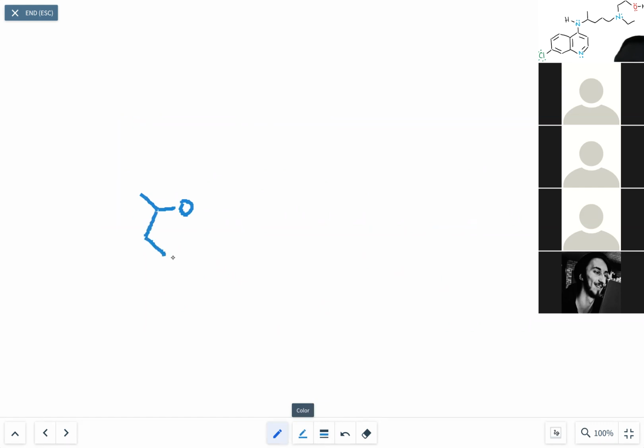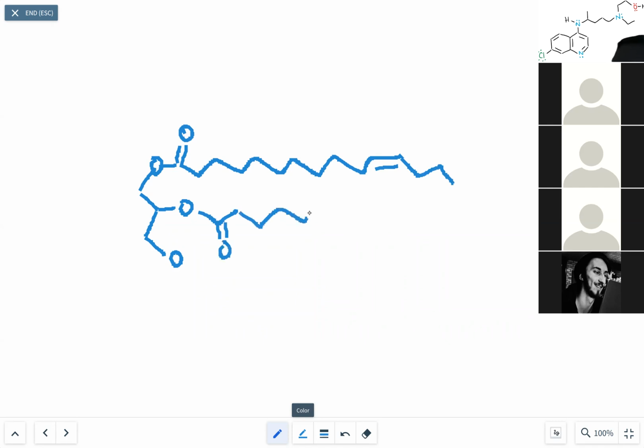Now, this compound here isn't an alkane, but it's going to give you an idea.